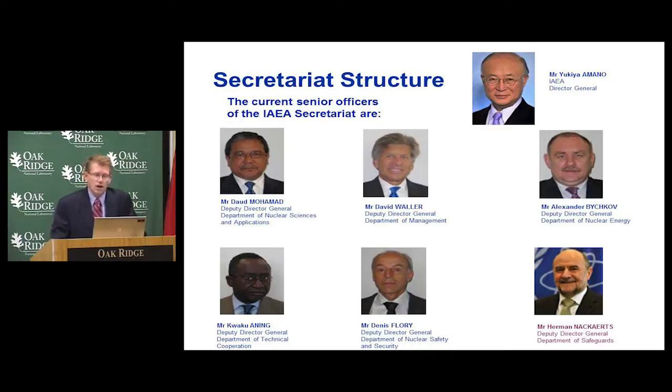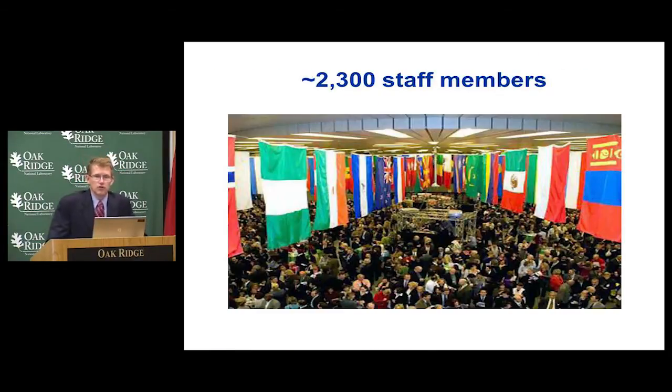The current Deputy Director General for Safeguards is Herman Nackerts. Mentioned earlier, the staff of the IAEA is approximately 2,300 people, representing nearly 100 different countries to some degree.